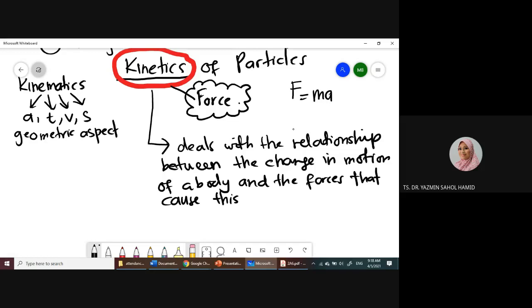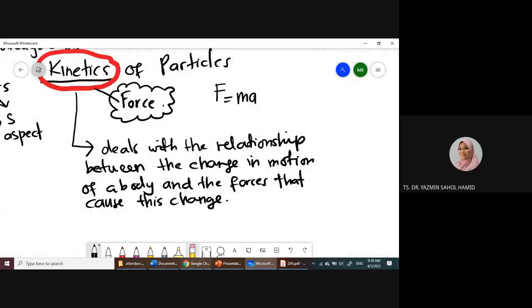Okay, all right. So this is the definition of kinetics.